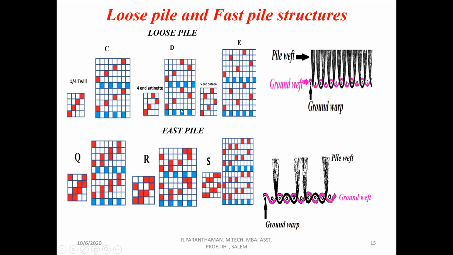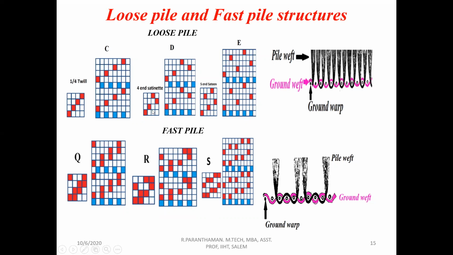In the design C, the only secured point is the first end. The first pile pick is secured at the first end only in the design C.